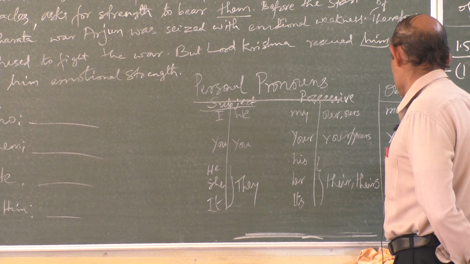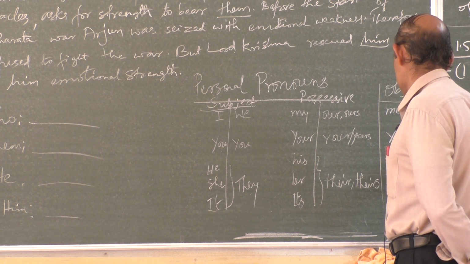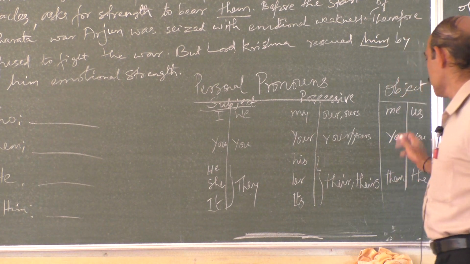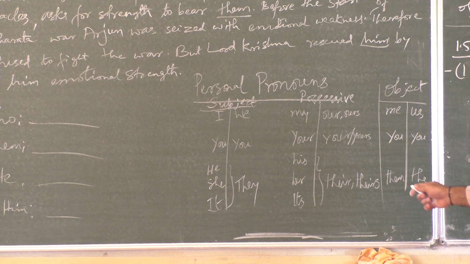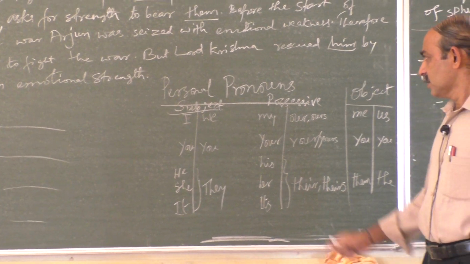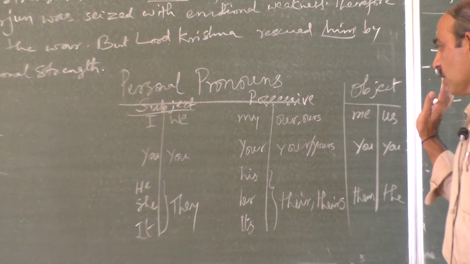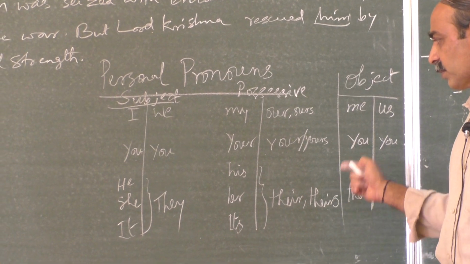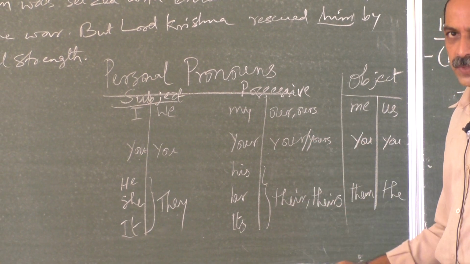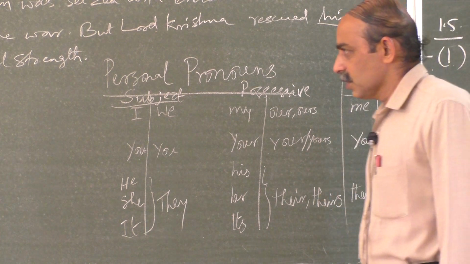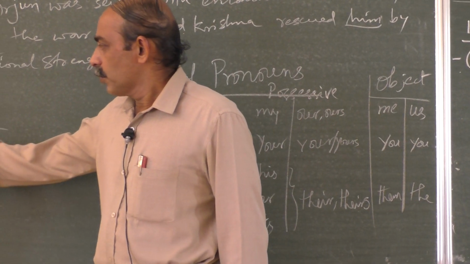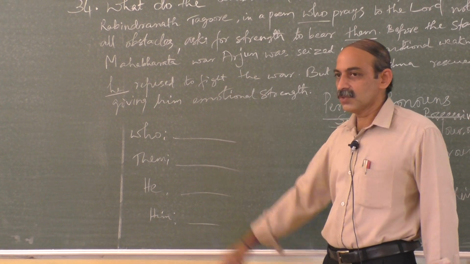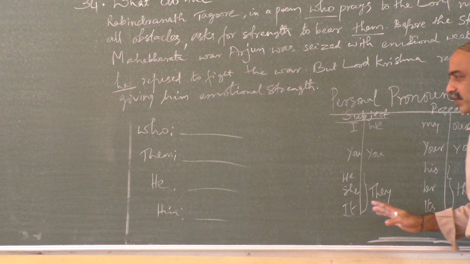Their, theirs, them, both are one and the same. So remember these personal pronouns: subject, then possessive, then object. These pronouns are required to be understood from the point of usage of language, and from the point of the very pronouns which have to be answered here, what do they refer to. Without the knowledge of language, this cannot be understood.